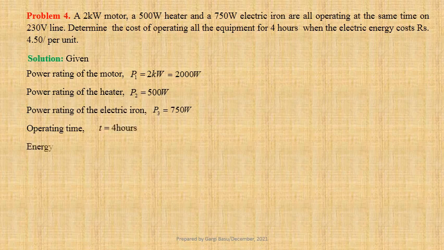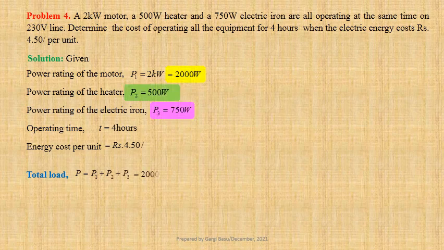Given energy cost per unit = rupees 4.50. Let us first calculate total load. P = P1 + P2 + P3. Using values we get 2000 + 500 + 750, that is equal to 3250 watts.